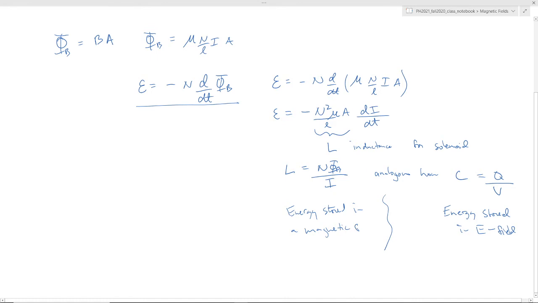We'll talk about this a little bit, but we're not going to be able to go into a lot of detail. But the thing that I want to show you is, notice you're not going to have any voltage unless you have a change in current.